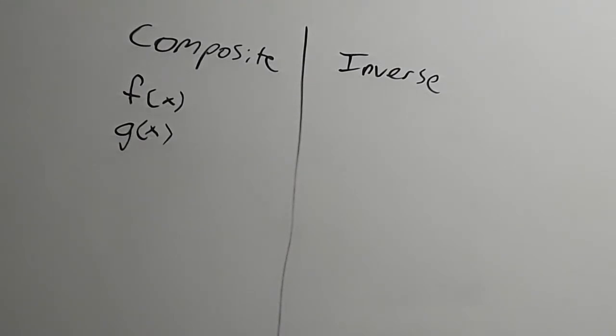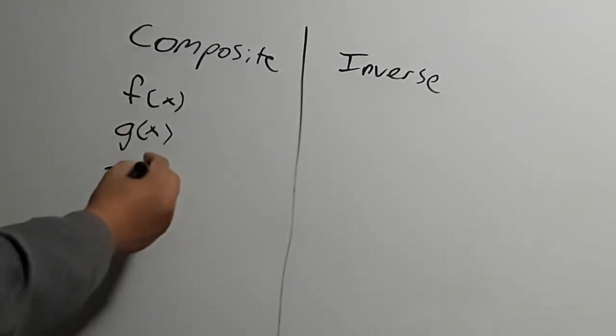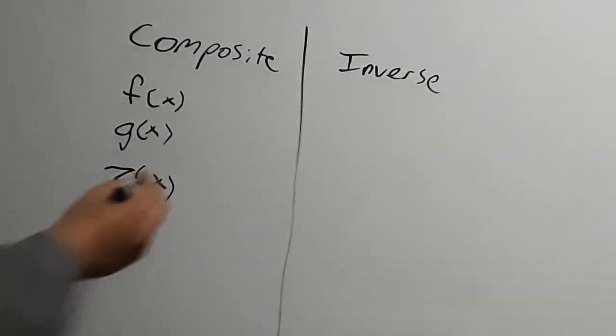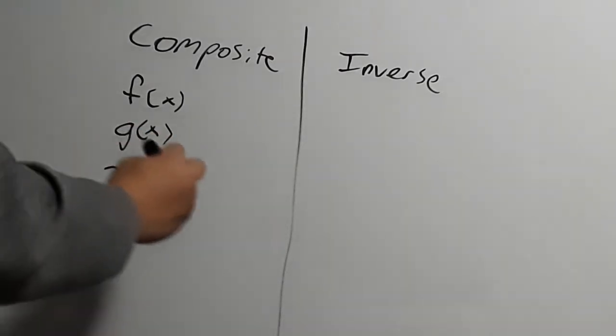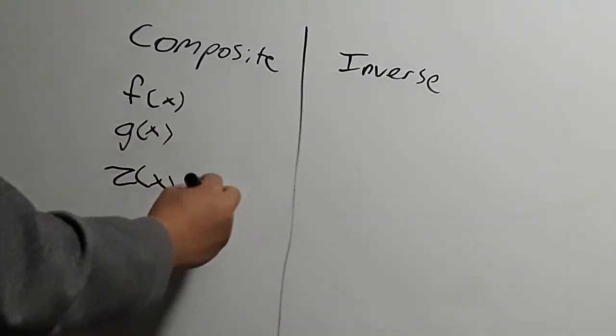And now we have z of x. Suppose that z of x is composed of taking on the values of g of x. So it'll look something like this.